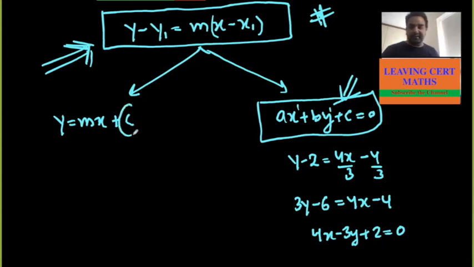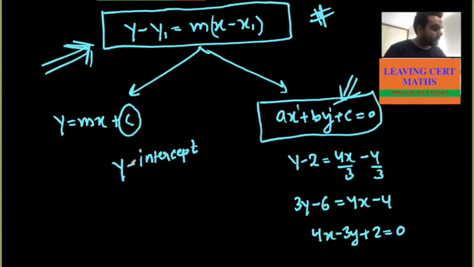And this c is called the intercept. Somebody can say x intercept or y intercept. You have to say y intercept, because intercept means something is cutting the axis. So it is cutting the y axis, right? Yeah.